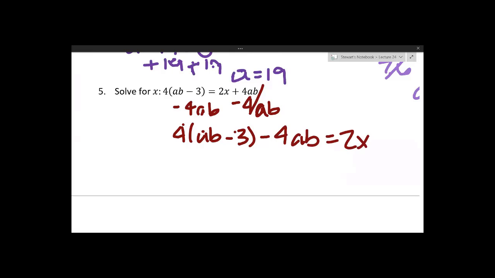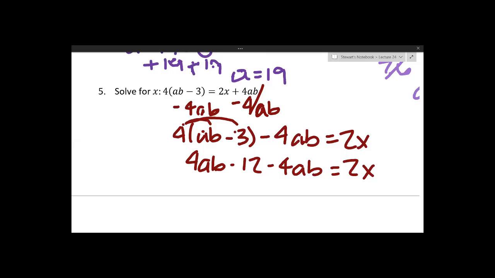So now what I'm going to do is multiply or distribute this 4 so that I can see if I can cancel any like terms. So we'd have 4ab minus 12 minus 4ab is equal to 2x. Well, 4ab minus 4ab, those would cancel. So we have negative 12 is equal to 2x.